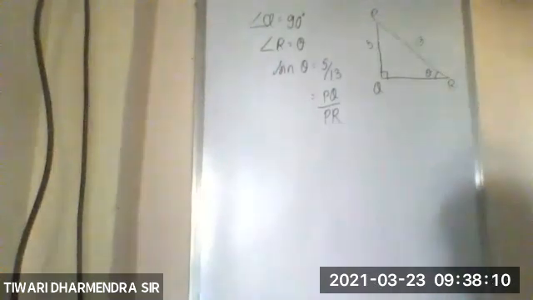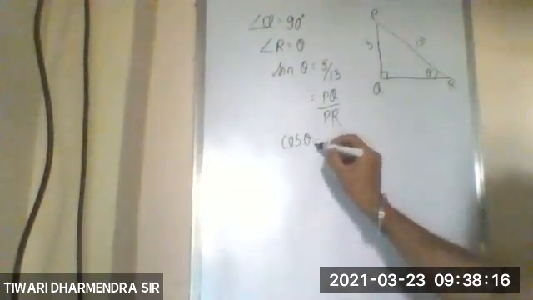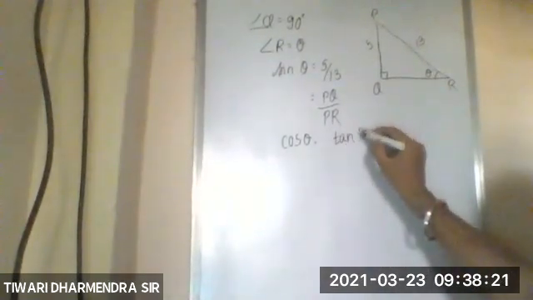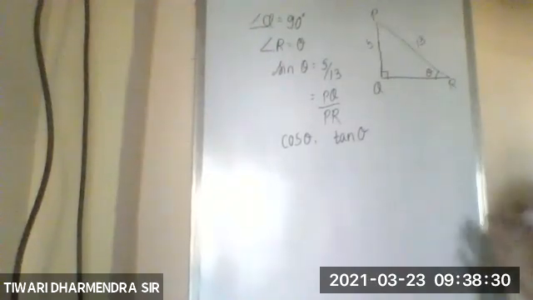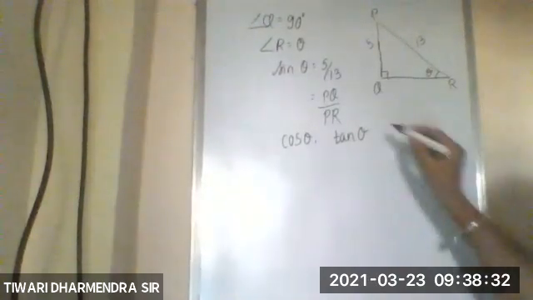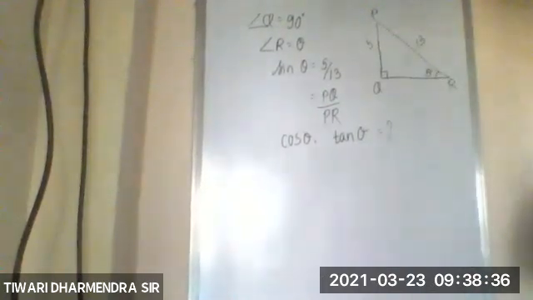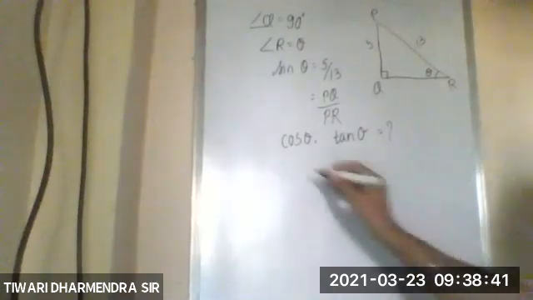What they're asking you to find is cos theta and tan theta. You can solve this by using Pythagoras theorem again, as two sides of the right angle triangle are given and the third is missing.